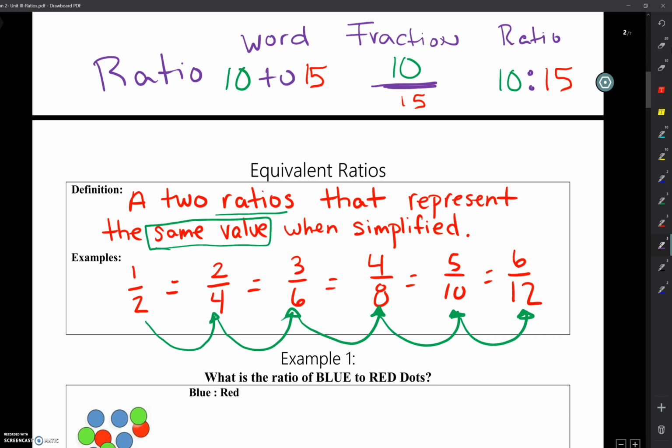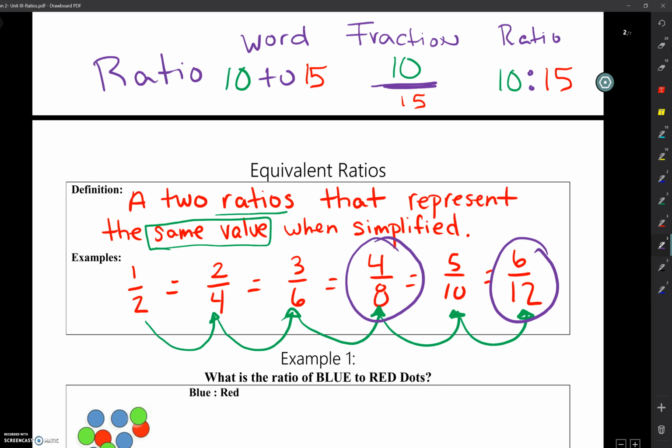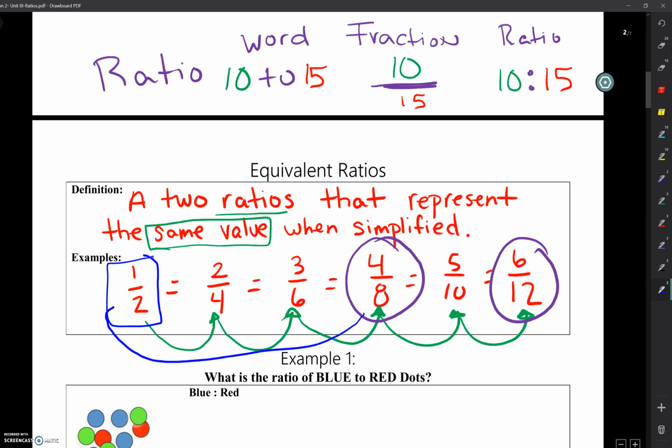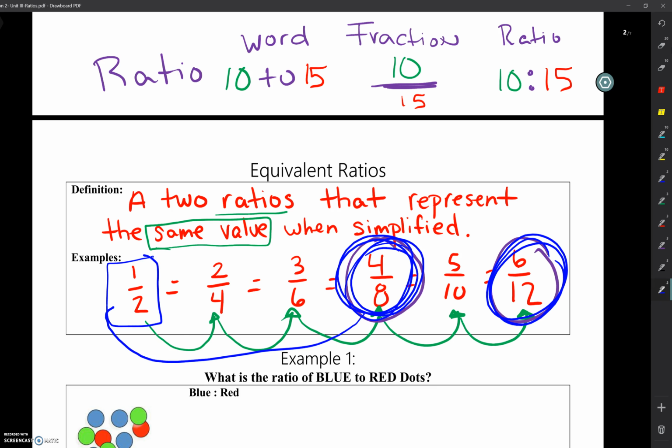Now all of these are equivalent. Why? Because when we simplify those fractions or these ratios, they both come back to equal 1/2. So 4/8 would equal 1/2, and 6/12 would equal 1/2. Both of them, when simplified, would equal 1/2. So you can remember, pause it and continue when you're done.